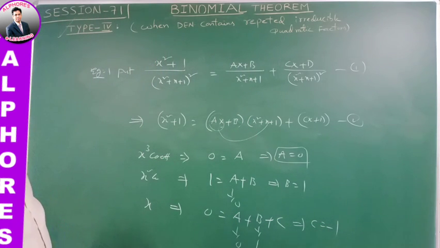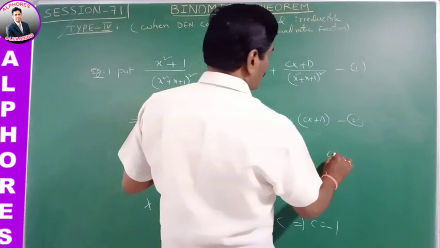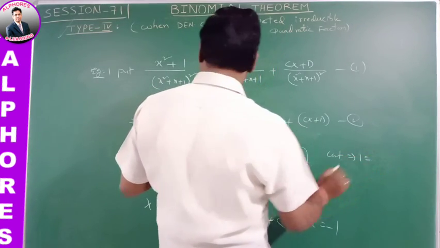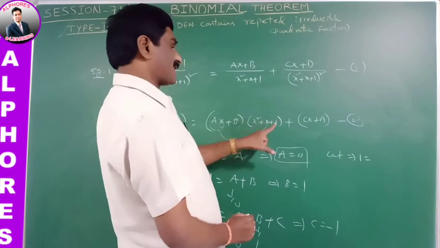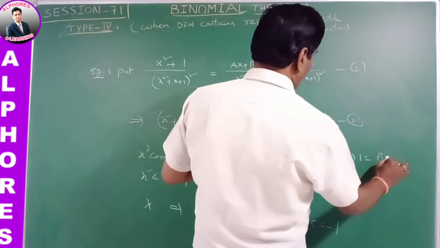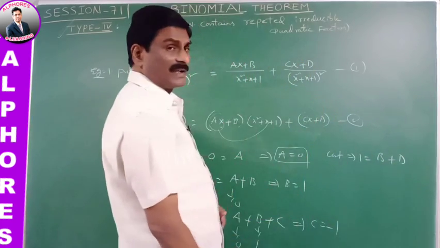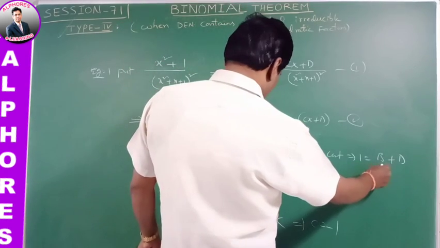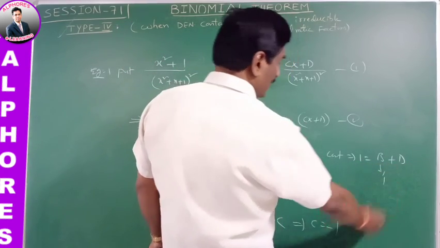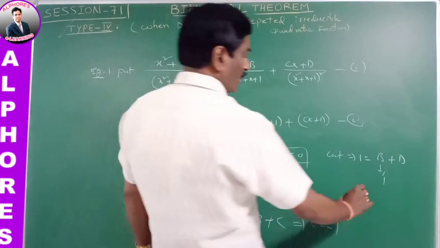Next, by comparing constant terms on both sides, 1 is equal to constant into constant, that means b plus d. Here b is equal to 1. Substitute this value in this equation, we get d is equal to 0.